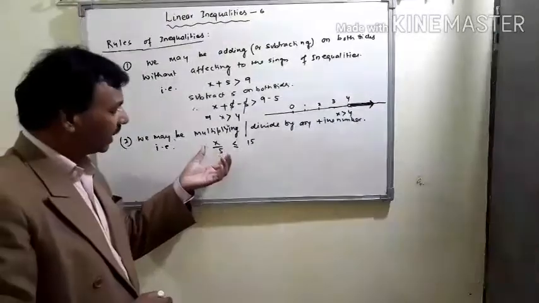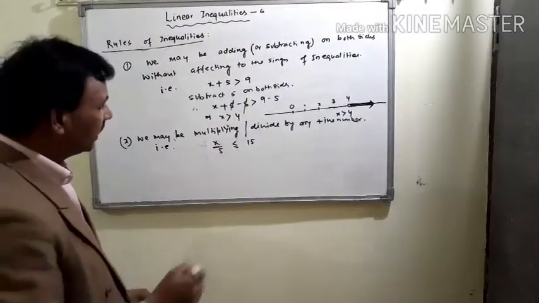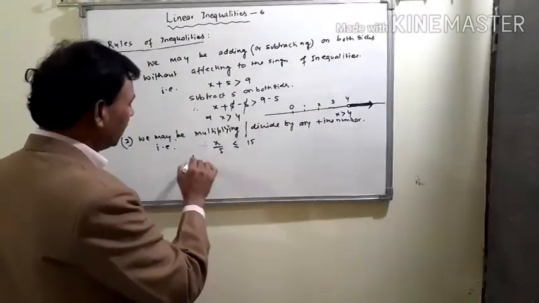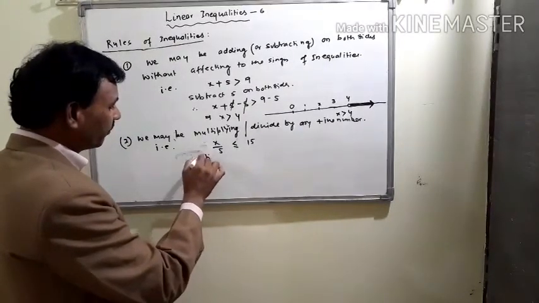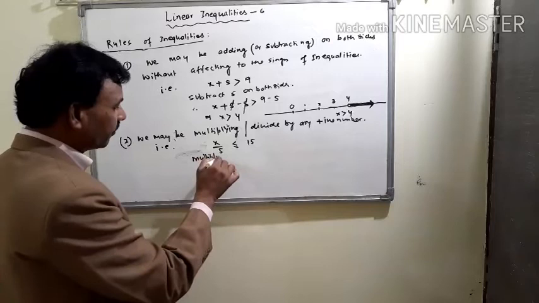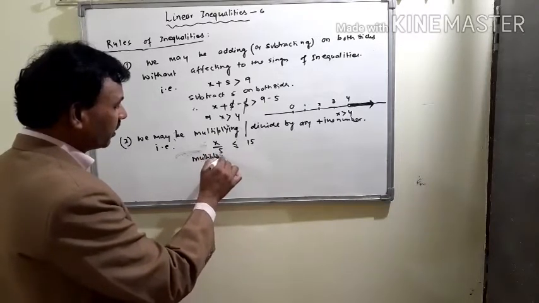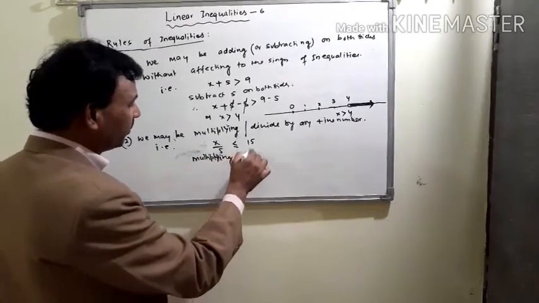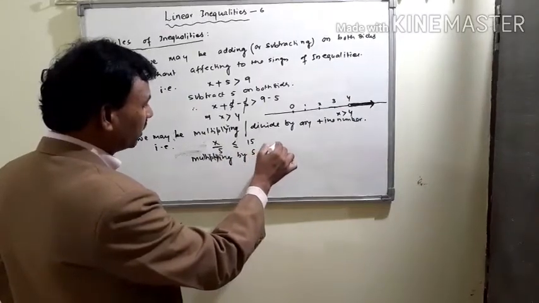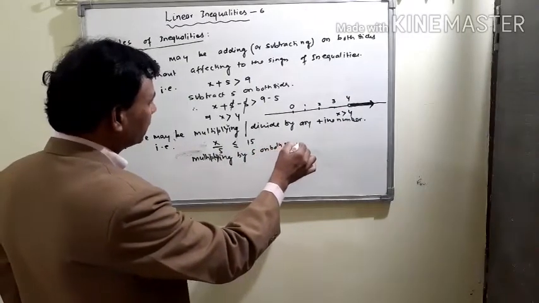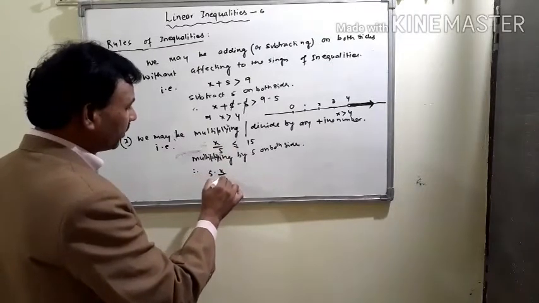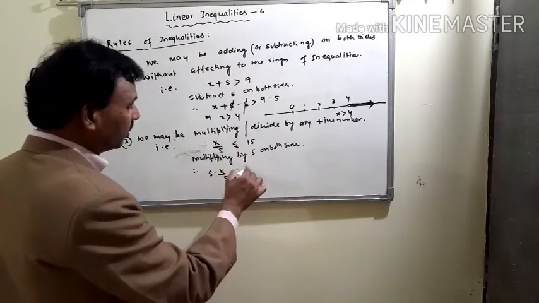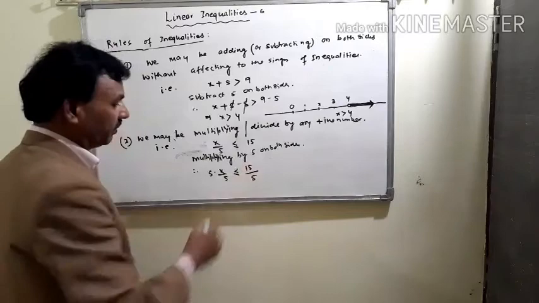To find the solution, we multiply by 5 on both sides. Then 5 into x upon 5 is less than or equal to 15 upon 5.